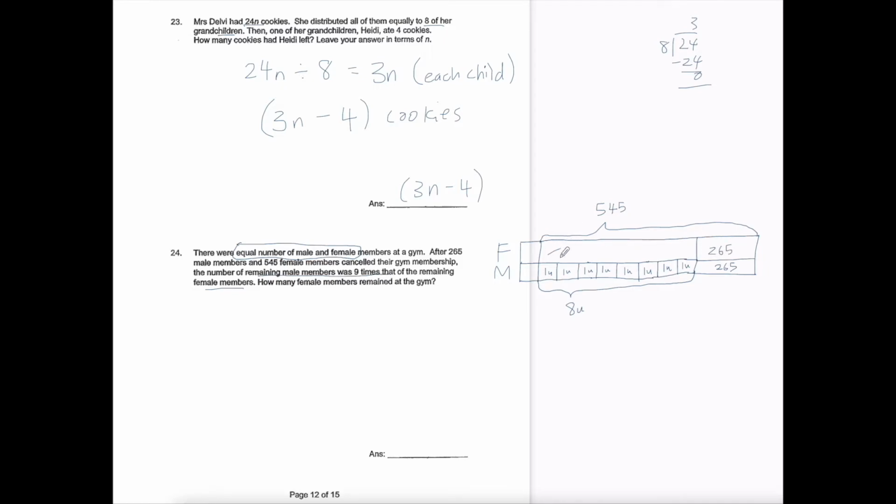So what is this space here? 8 units will just be equal to 545 minus 265, which is 280. How many female members remained at the gym? 1 unit. So let's just find 1 unit. 280 divided by 8.